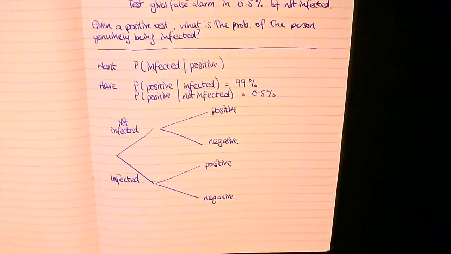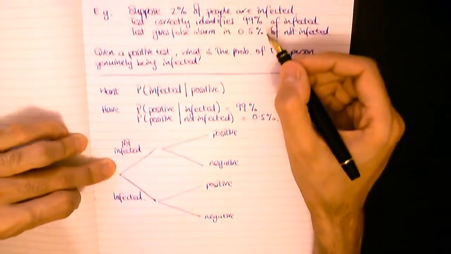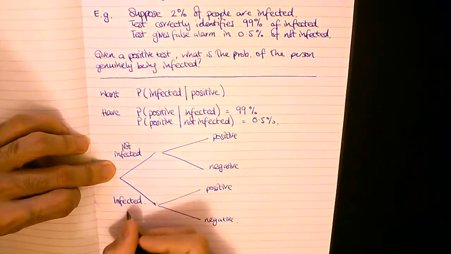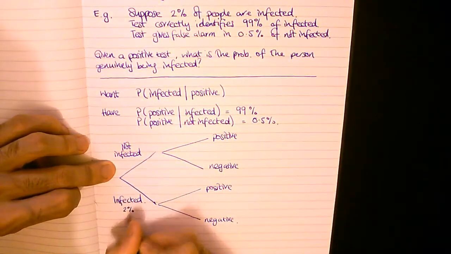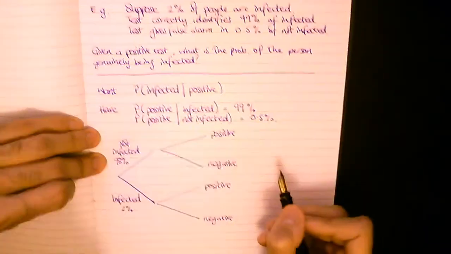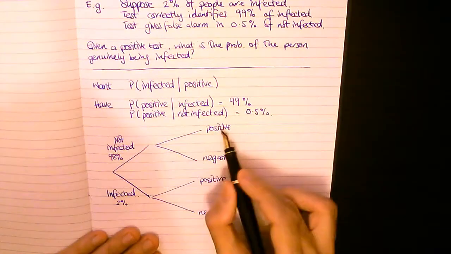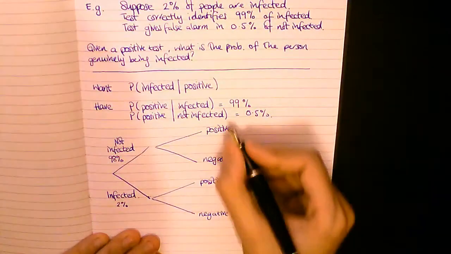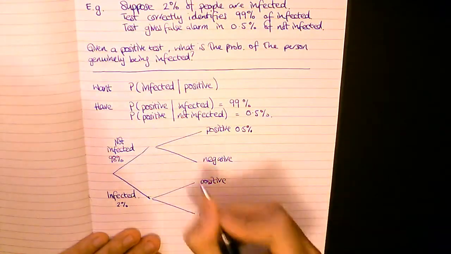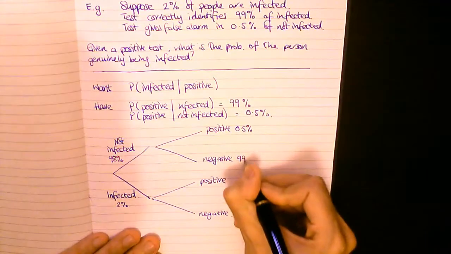Okay, so let's fill in the probabilities. We're told in the question that 2% of people are infected, so we know this down here is 2%. And this must be 1 minus that, so it has to be 98%. Then we have the probability of not infected getting a positive result. That's the false alarm case, so that's 0.5%, and the negative must be 1 minus this, so that becomes 99.5%.